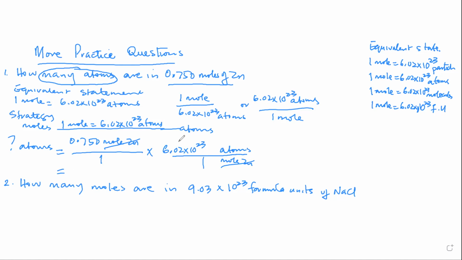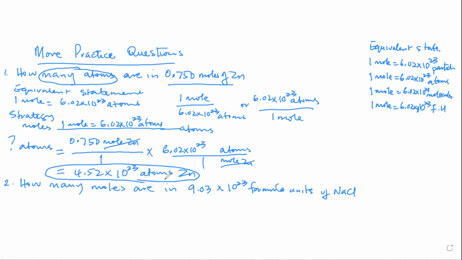The answer will be in atoms, and that will give us 4.52 times 10 to 23 atoms of zinc. Hopefully you got it right.